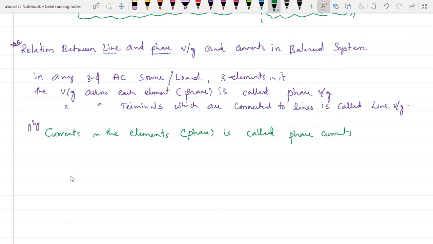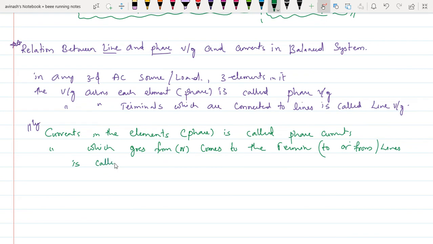And the current which goes to or comes from the lines, through the terminals, is called the line current.